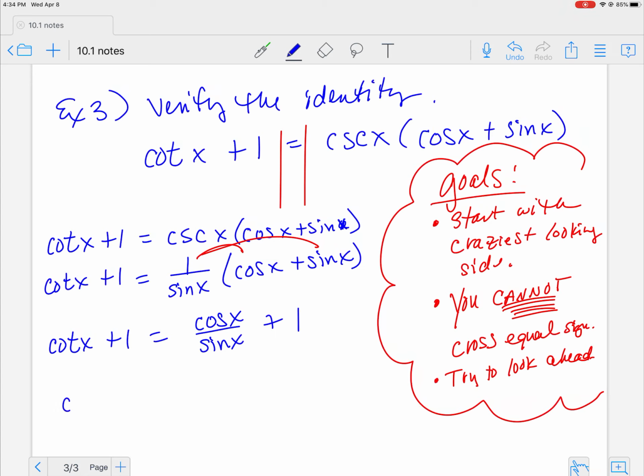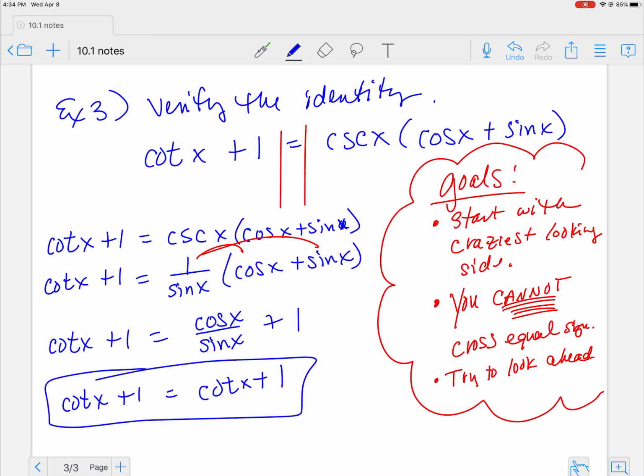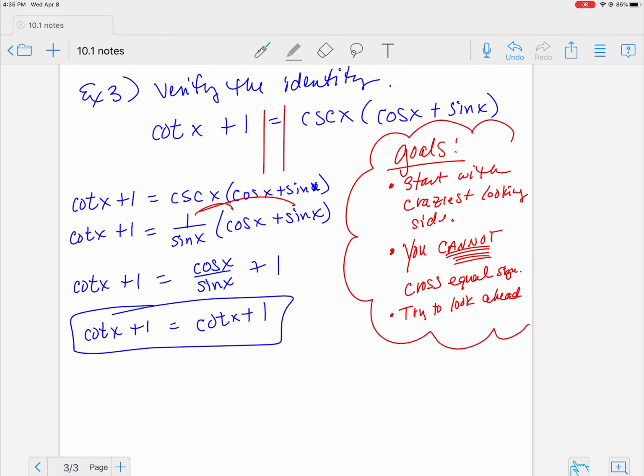Bam, nailed it. Sine over sine, bam, nailed it. With this next step, we will have set ourselves up. Cotangent of x plus 1 is equal to cosine over sine plus 1. And I know cosine over sine is equal to cotangent. This is the end of your problem.